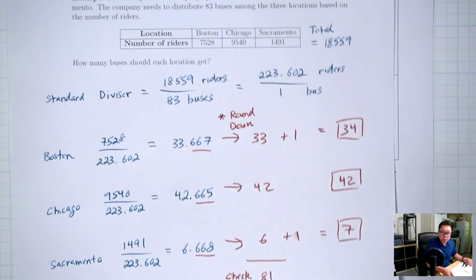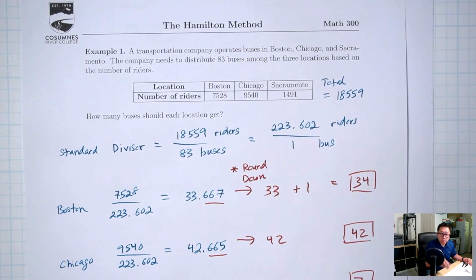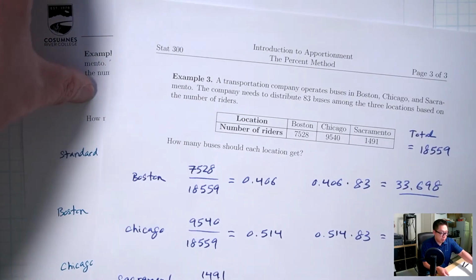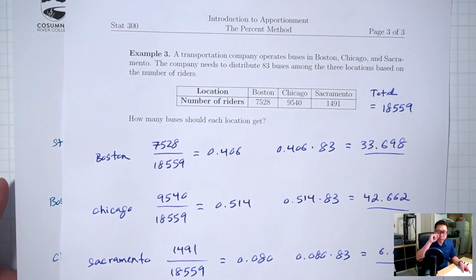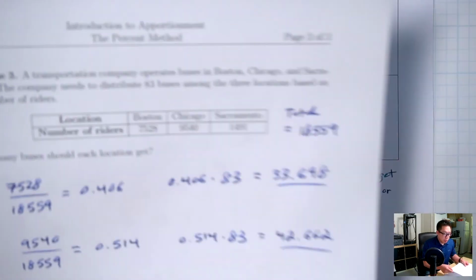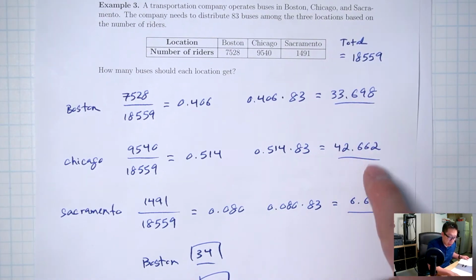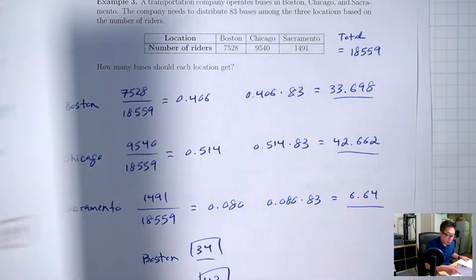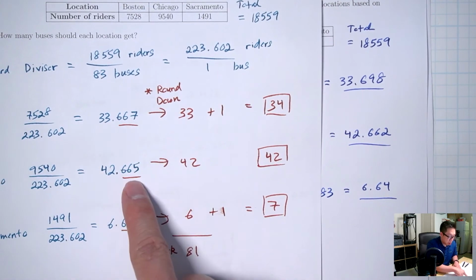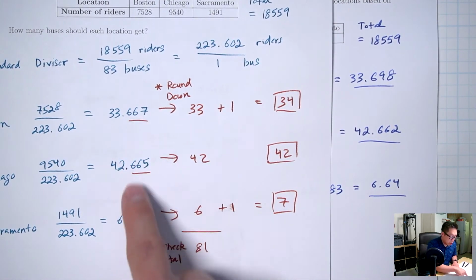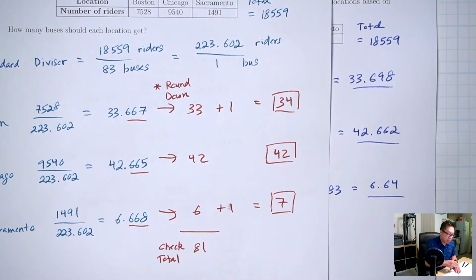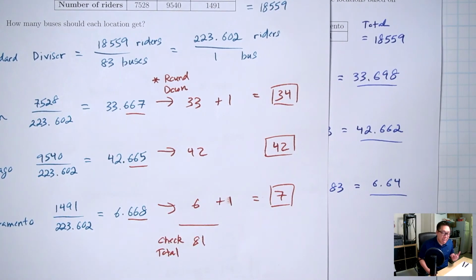So here's the Hamilton method with our 83 buses example. And here is the percent method with the same situation, the 83 buses. So the standard quota that I'm talking about are these decimal numbers before we round them. What these decimal numbers represent is exactly how many buses each city deserves, right?